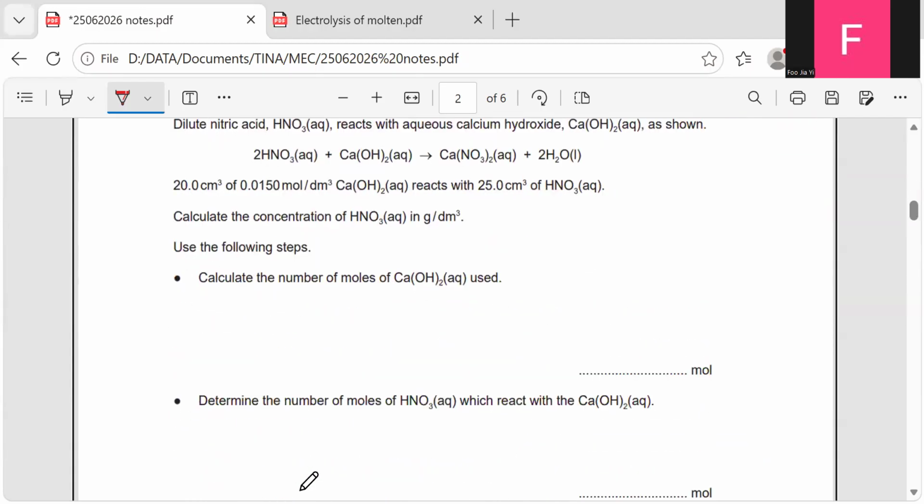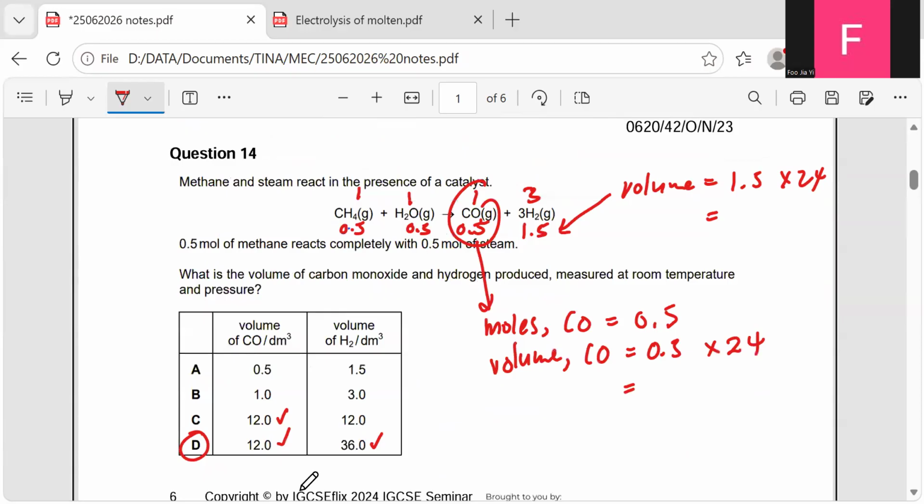Okay, try and do question 15. Same concept. See which formula you need to use.